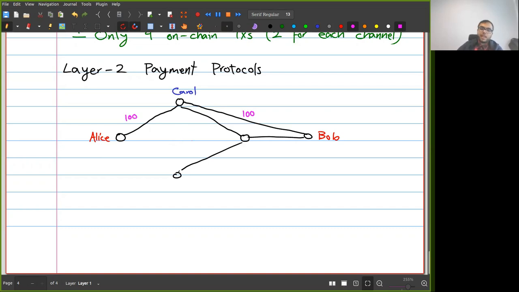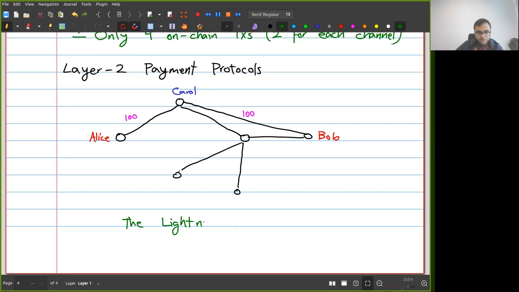So we have instant payments. You can create a huge network like this, and then anyone in this network can pay anyone else as long as they can find the path. And this is the idea that is called the Lightning Network.